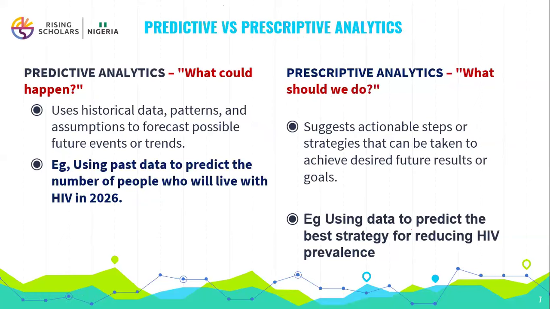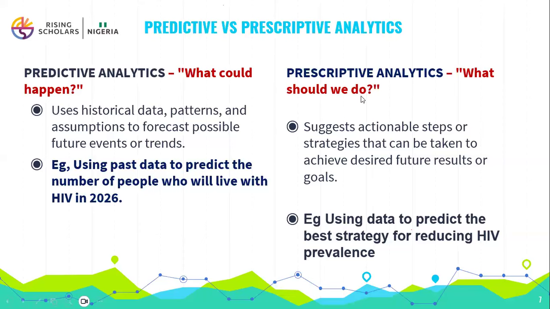So, for example, if we use past data to predict the number of people who live with HIV in 2026, that's a predictive analysis. So maybe we could use the current prevalence of HIV in Nigeria, for example, maybe age, gender, putting so many things together, we can predict the number of people who may have HIV in Nigeria in 2026.